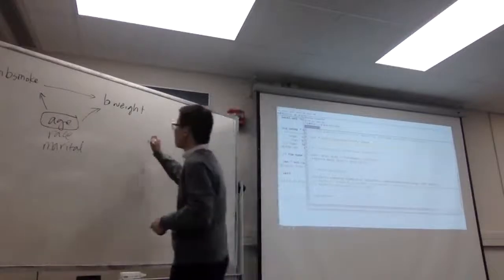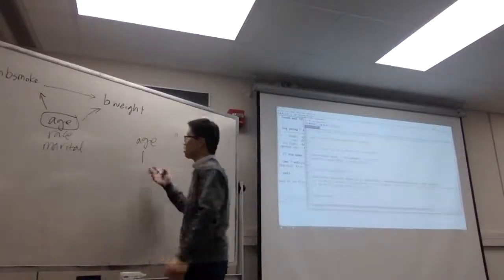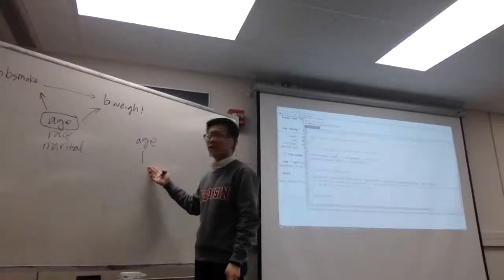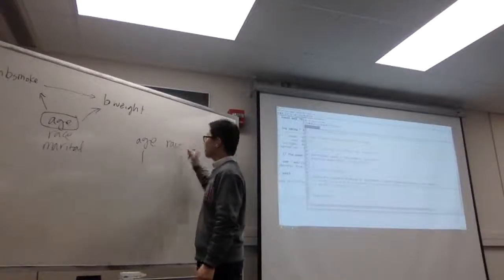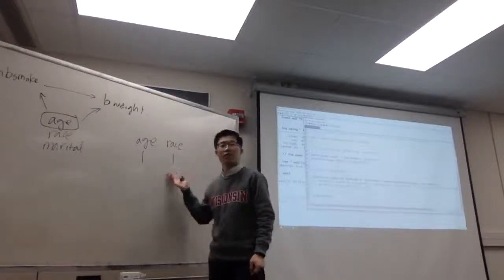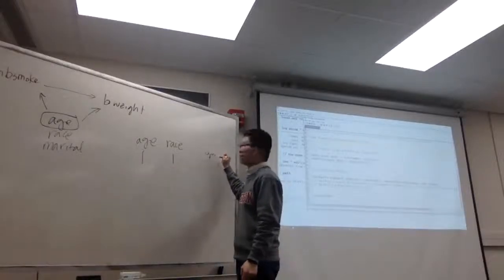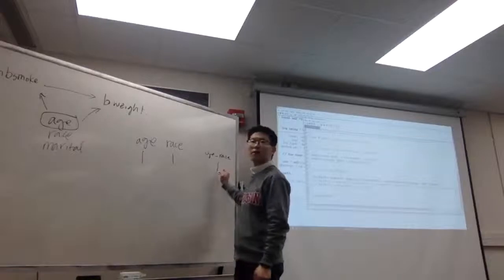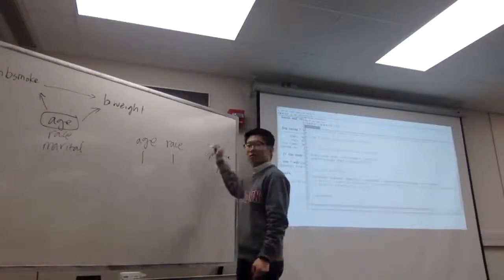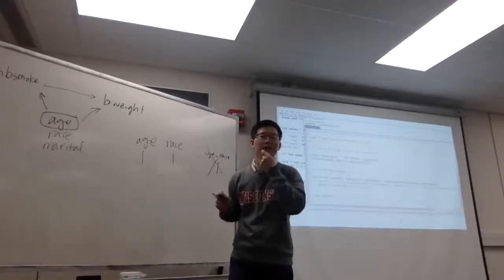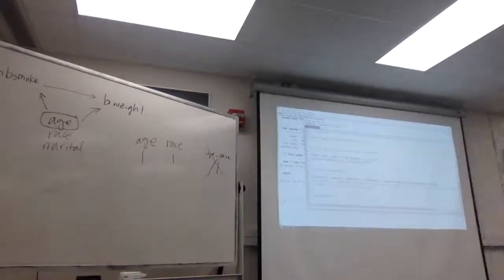For example, everyone has the same age value of 1, and everyone has the same race value of 1. Then the interaction variable would just be 1, so it'll be pretty redundant. Yeah, in this case, yep. Interactions will be used in the other methods.